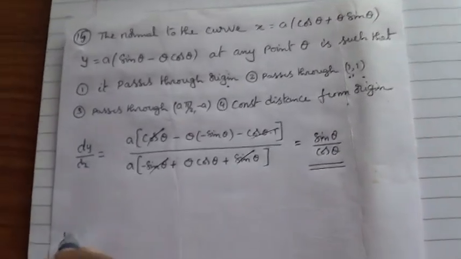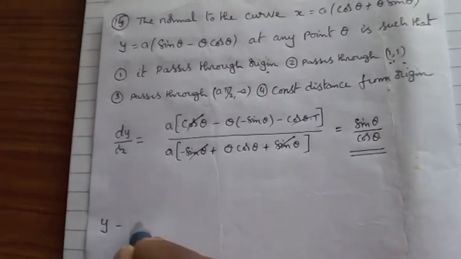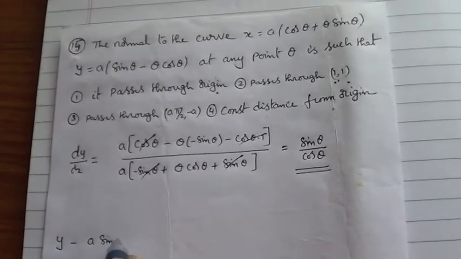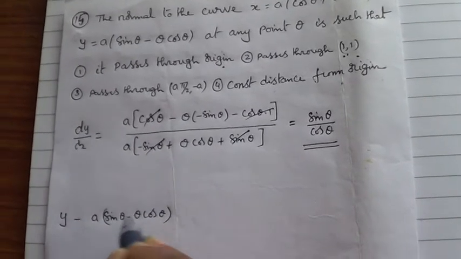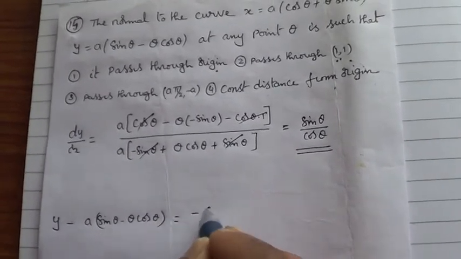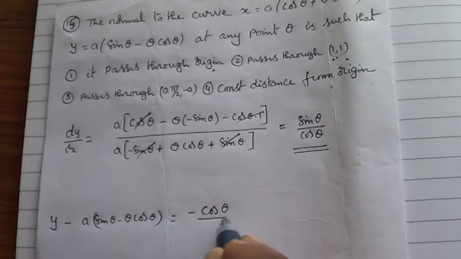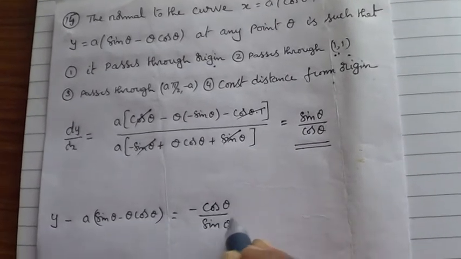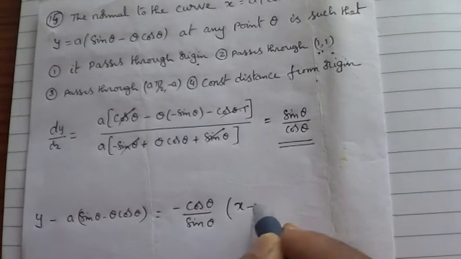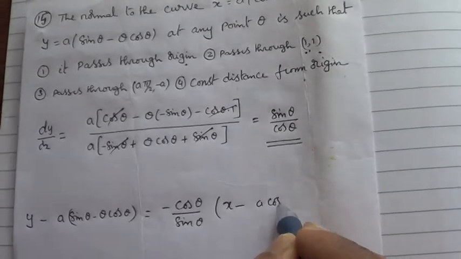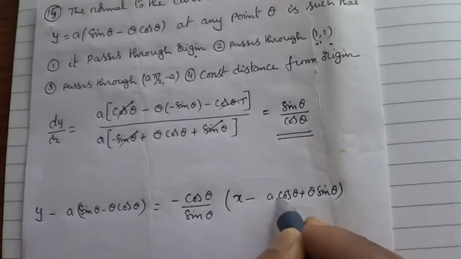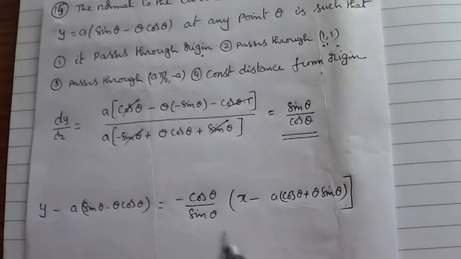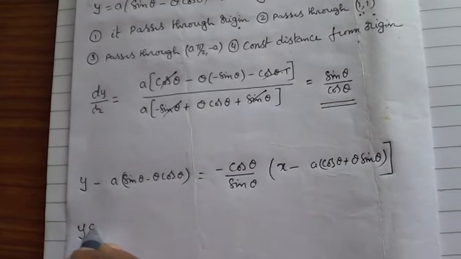So the normal equation is y minus y1 is equal to the normal slope into x minus a into cos theta plus theta into sin theta. Now cross multiply this one.